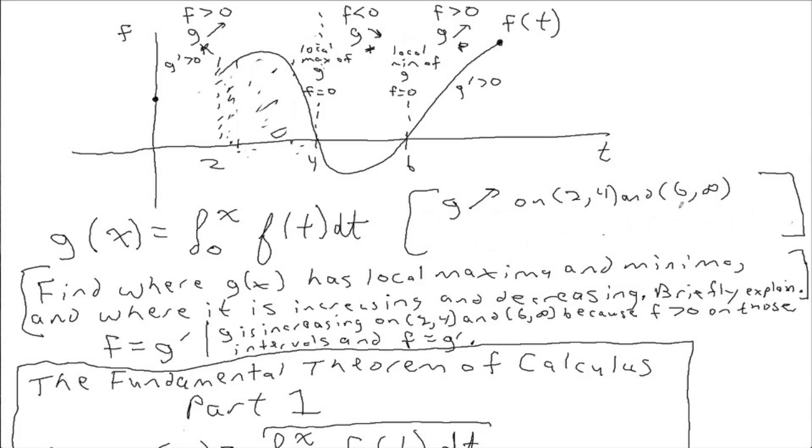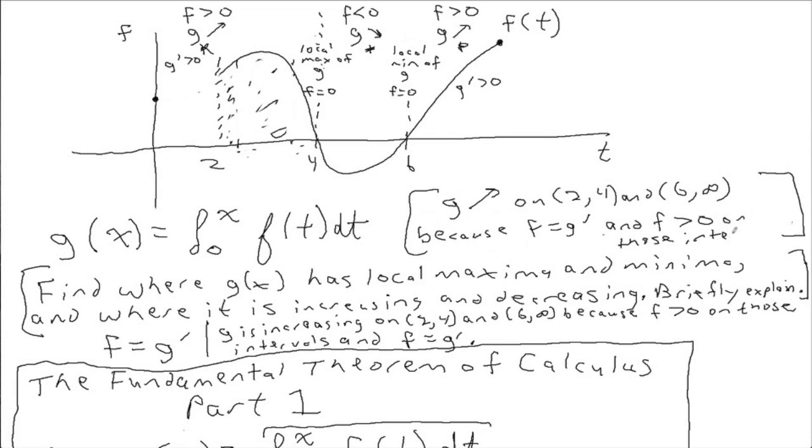And it's increasing on those intervals because f equals g prime and f is greater than 0 on those intervals.